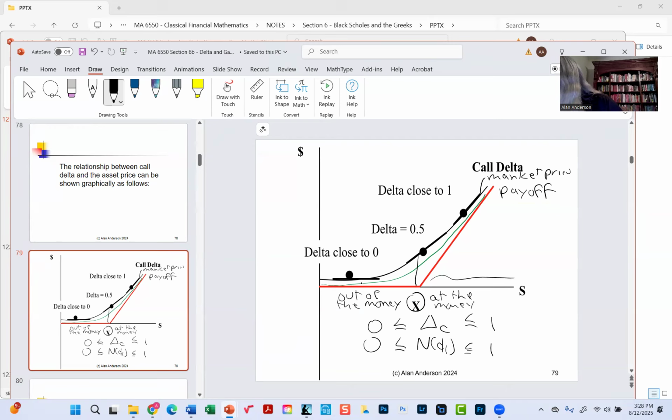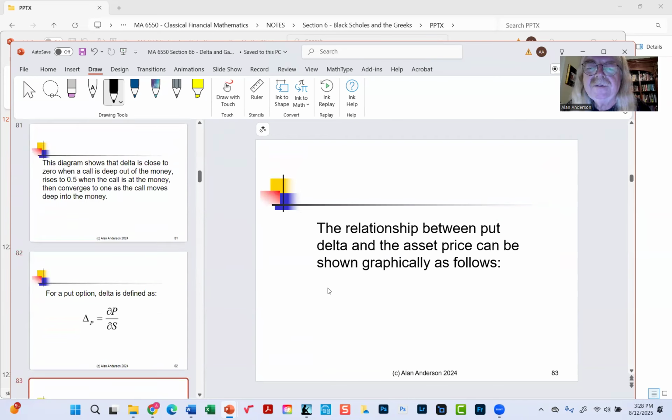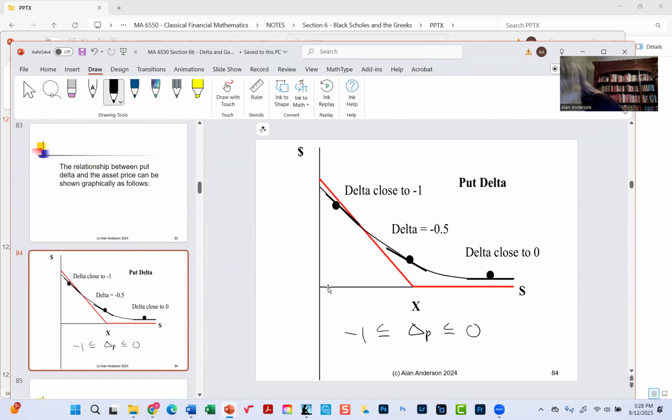And out here, we're in the money, which means if we exercise the option, we'll have a positive payoff. And of course, that works in reverse for the put. Here, at the money doesn't change. All this section here represents being out of the money. And then of course down here we're in the money.